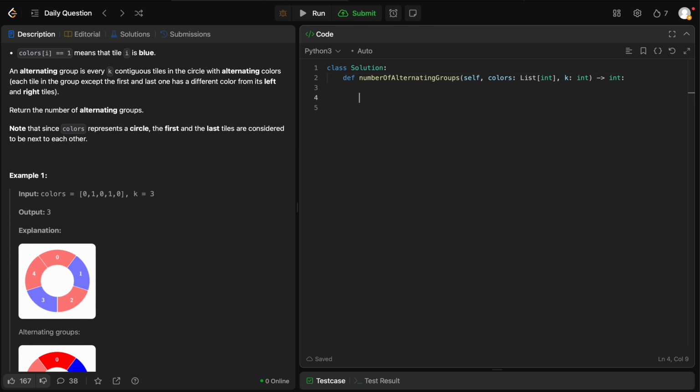Okay, this seems pretty straightforward. So s is equal to 0.